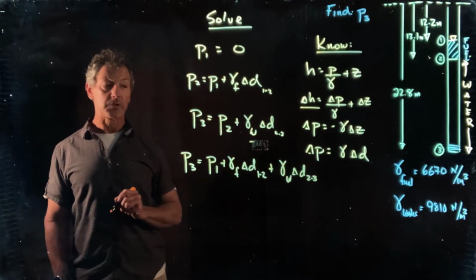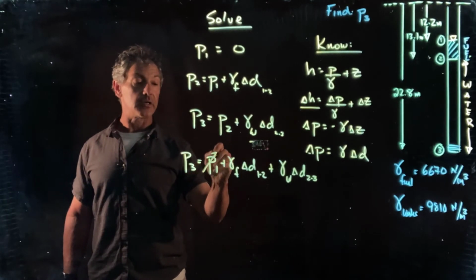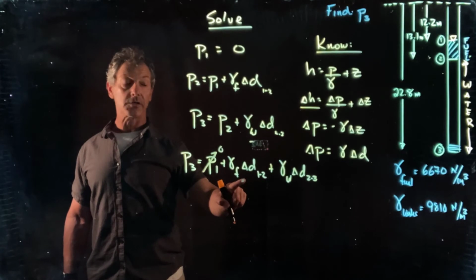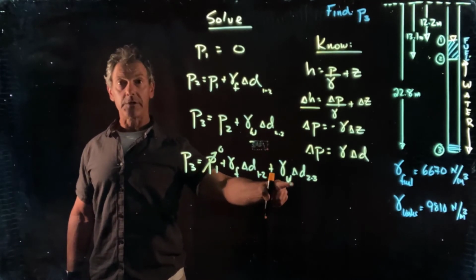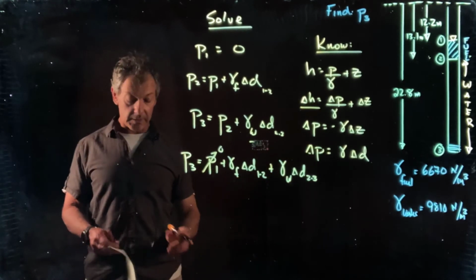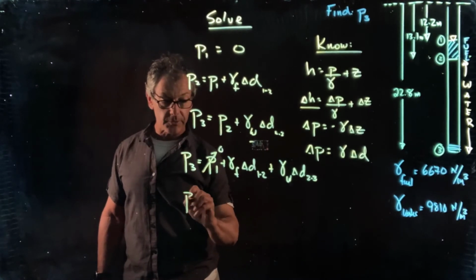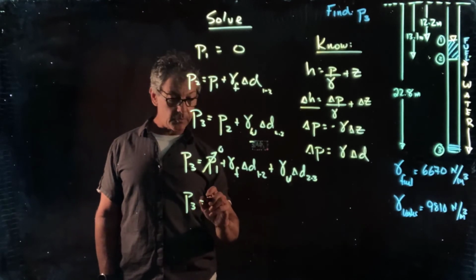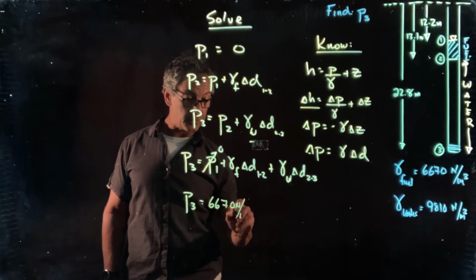All right? So when it's all together, you can kind of see you start at the pressure where we know it is actually 0, and we increase the pressure at the rate of the specific weight of the fuel, and then we increase the pressure at the specific weight of the water. And then all we have to do now is plug in those values. So the pressure at 3 is equal to the gamma of the fuel, which is 6670 newtons per cubic meter.